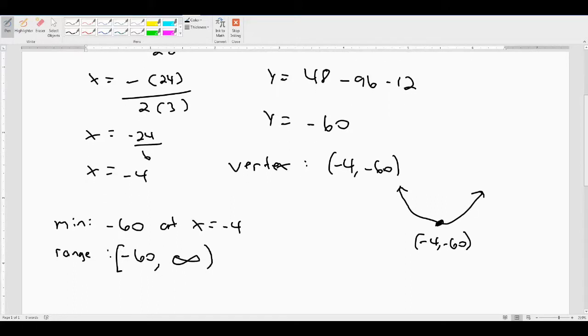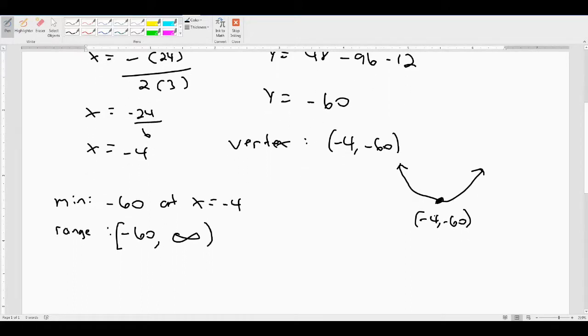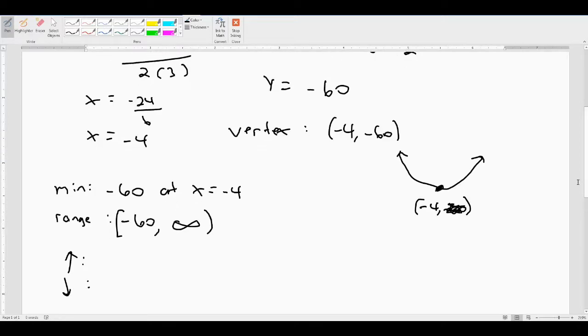And then we need to determine where it's increasing and decreasing. When you do increase and decrease, you're looking only at the x values first off. As far as the interval goes, you're looking at the graph, but reading the x values. So I'm going to mark it off.